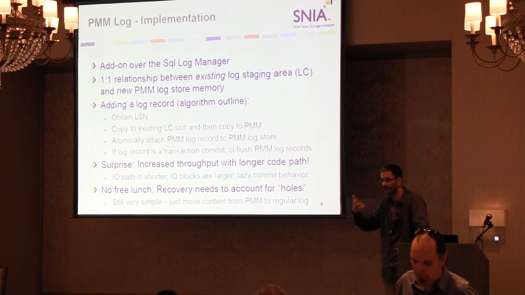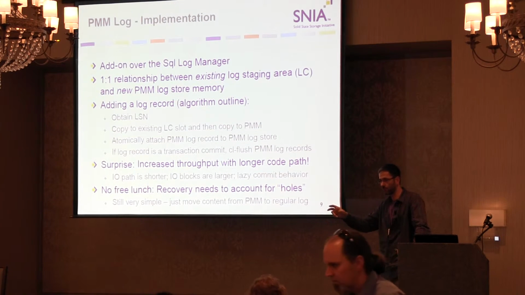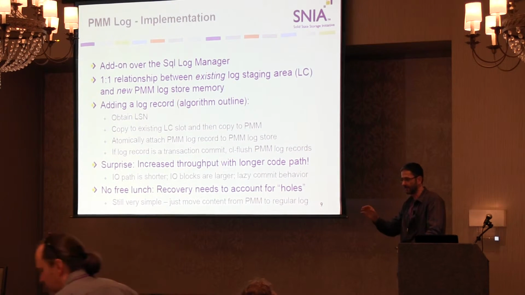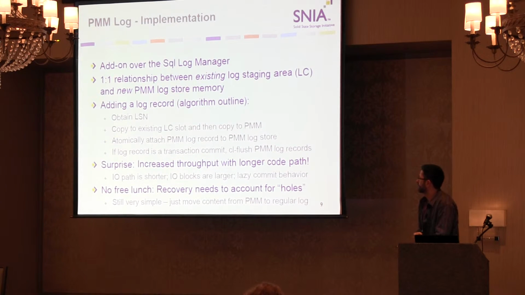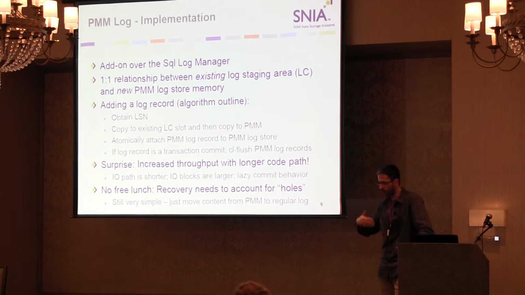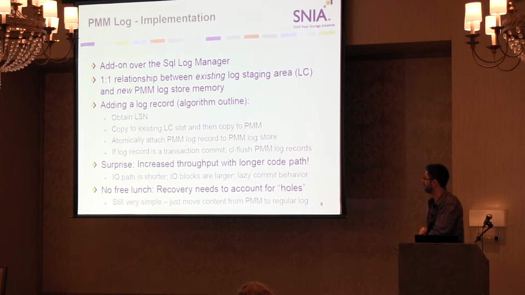It's important for that persistent main memory store to be atomic, such that the states in which it can crash can be reasoned about. Right? And then, of course, on commit, we need to flush all the cache lines that are associated with a transaction. So that's the implementation of the PMM log.